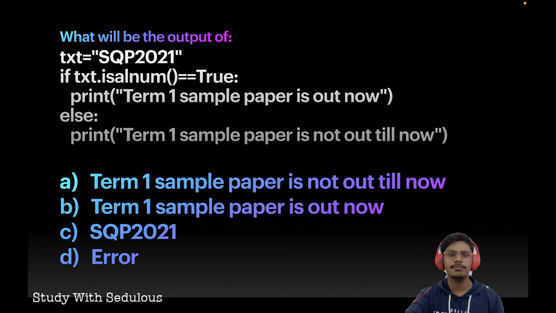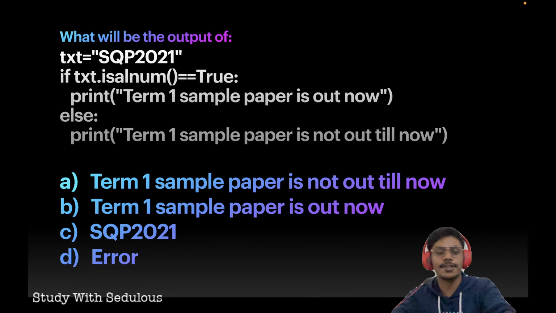Now, what will be the output of text is equal to SQP 2021, if text dot isalnum? Okay, it should be isalnum. If text dot isalnum is equal to true, print term1 sample paper is out now. Else print term1 sample paper is not out till now.